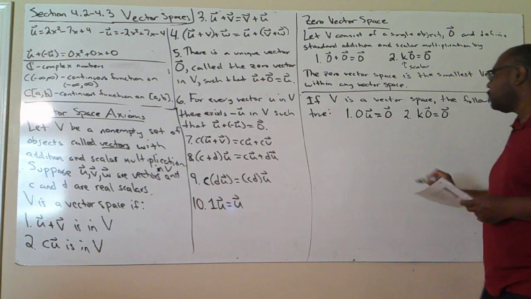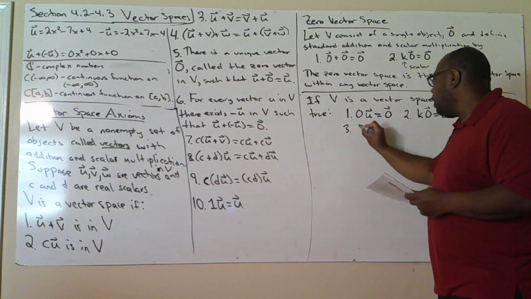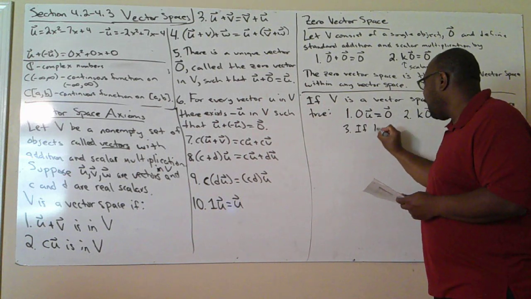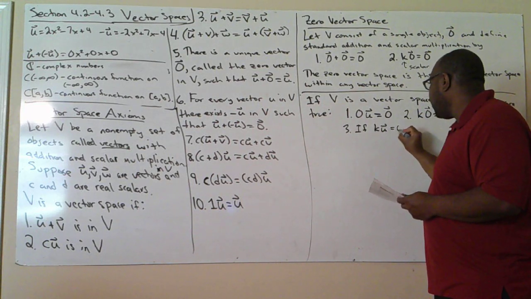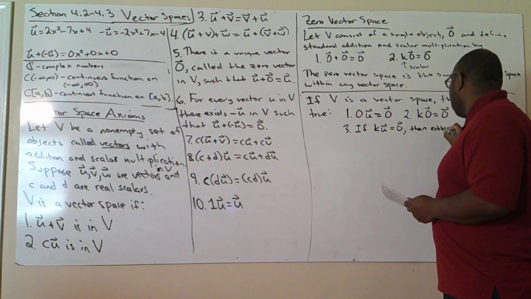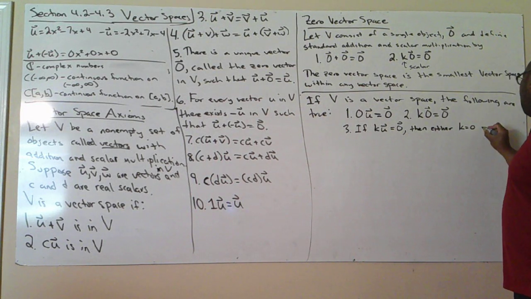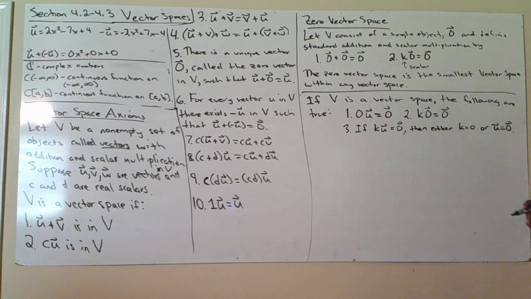3, here, if k times u is equal to the zero vector, then either k equals 0, okay, so either the scalar is equal to 0, or u is equal to the zero vector. Those are the only two options.